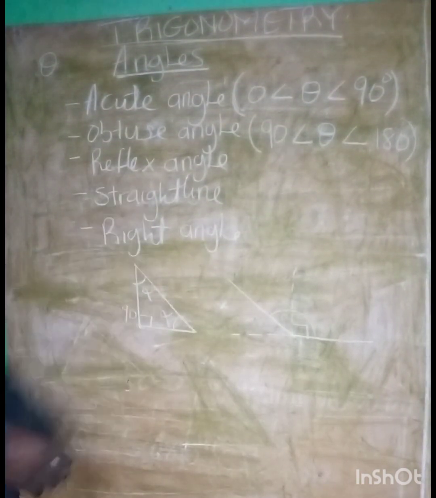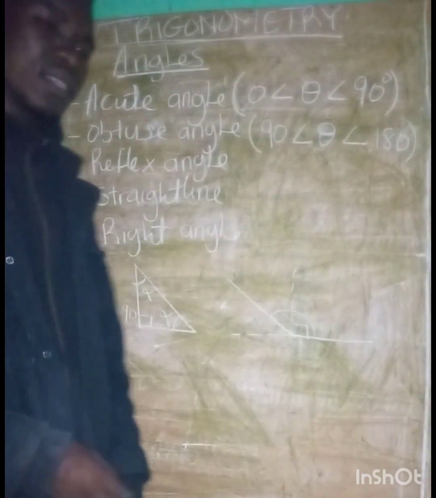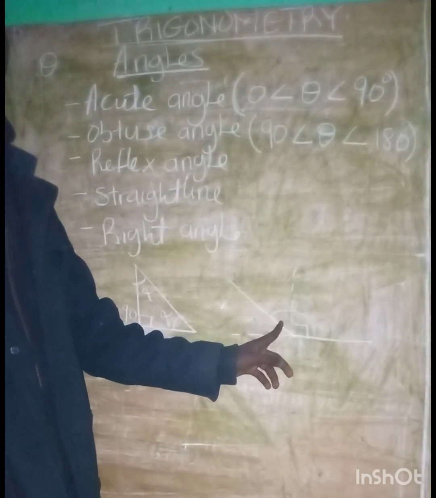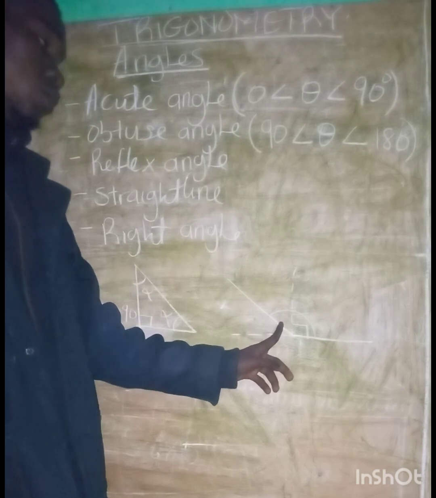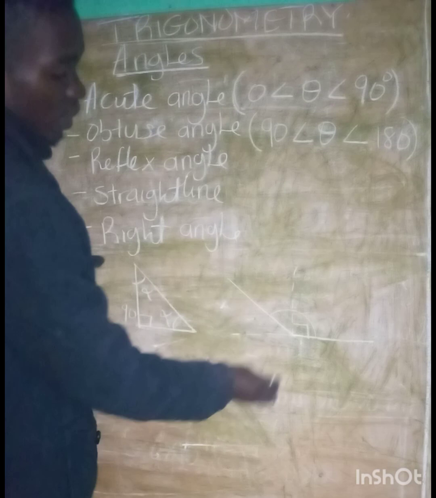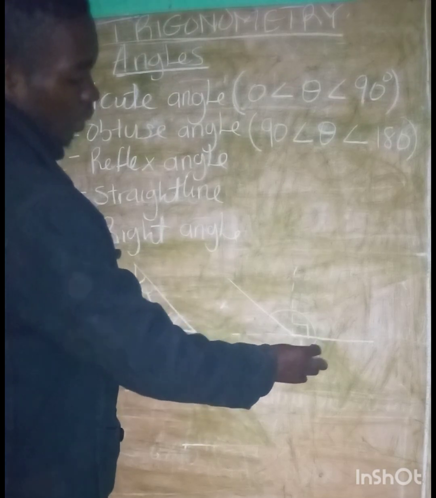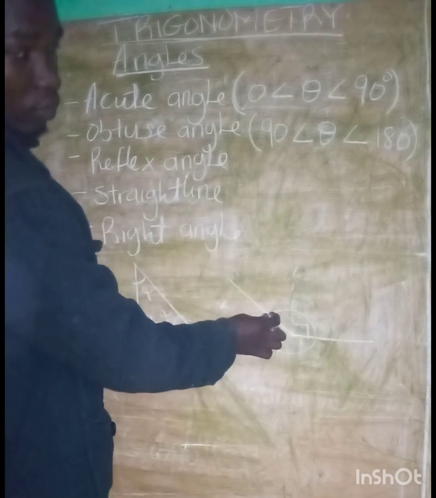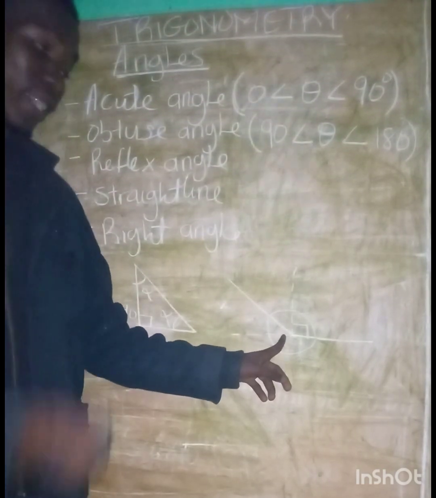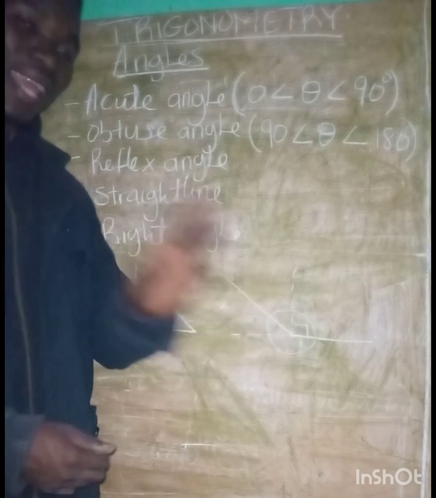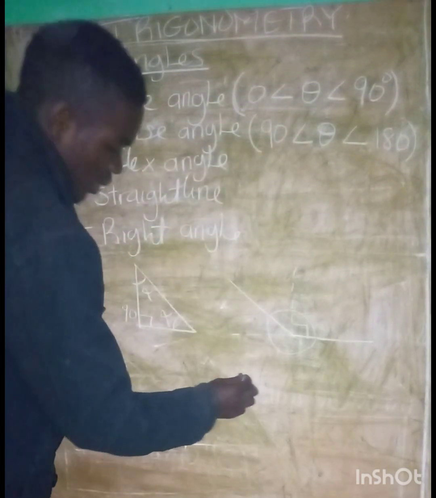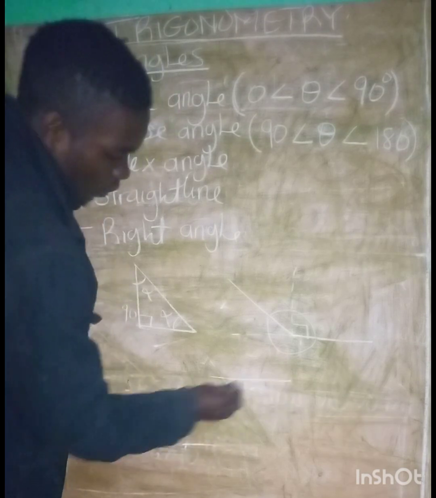Now let's look at the reflex angle. The reflex angle is the direct opposite of an obtuse angle. While this is the obtuse angle, the reflex angle is the angle that is opposite the obtuse angle. So I can say that the reflex angle is greater than 180 degrees but less than 360 degrees. Because let's assume that this is a plane.